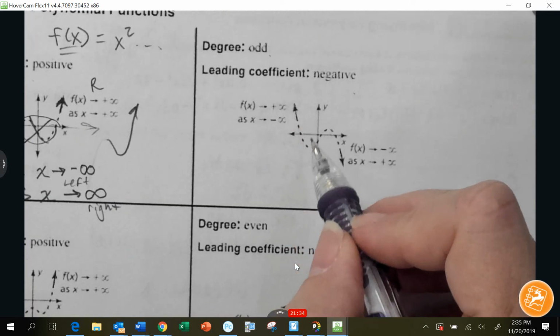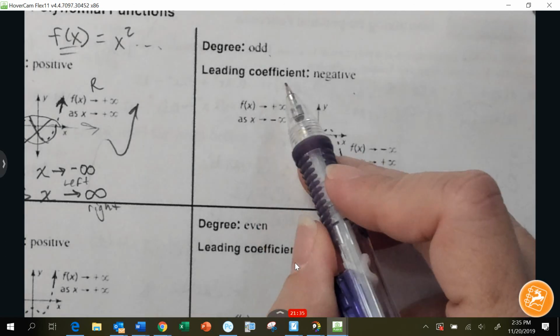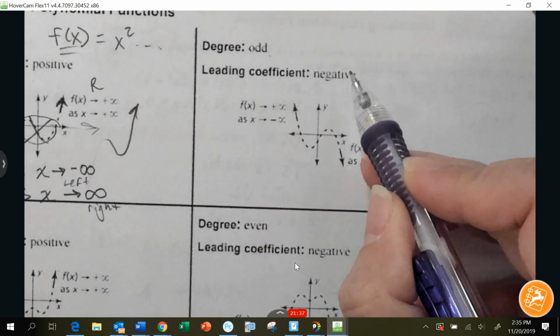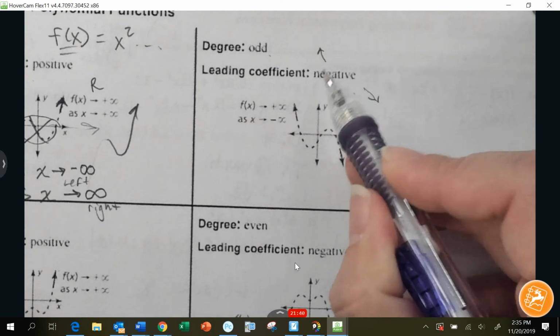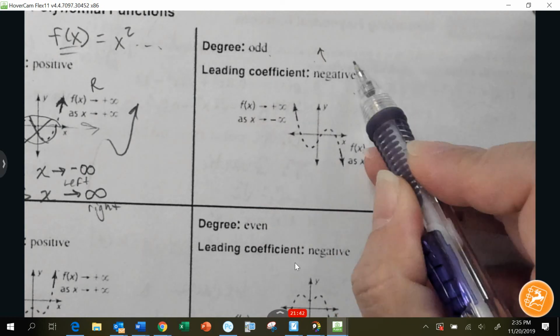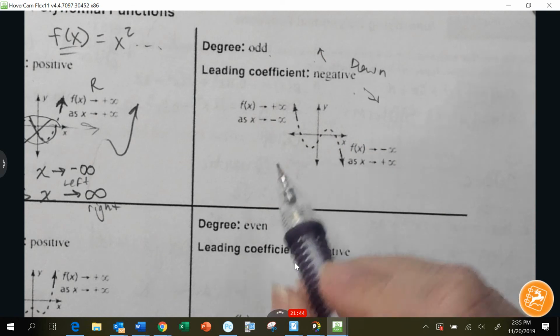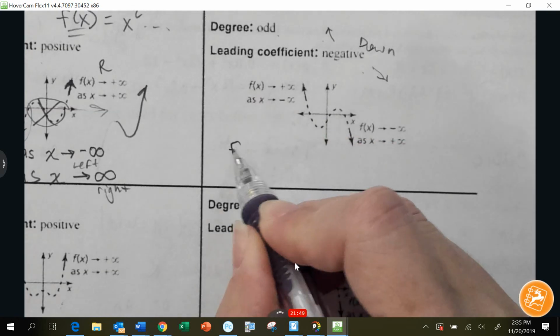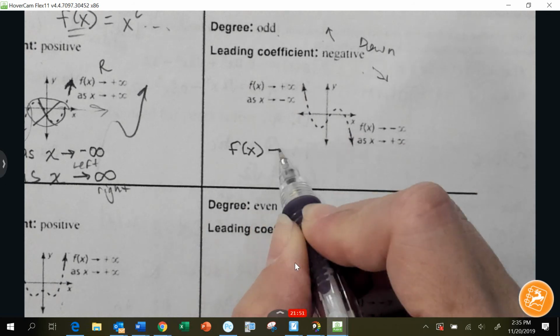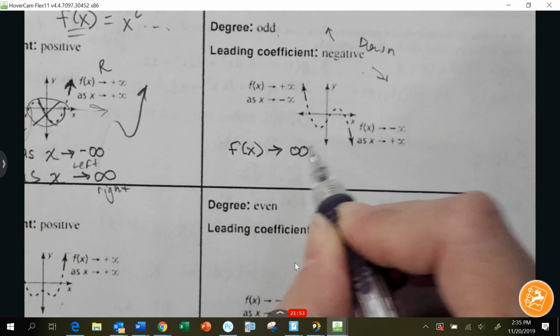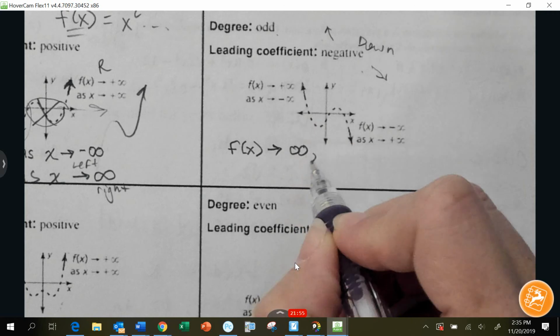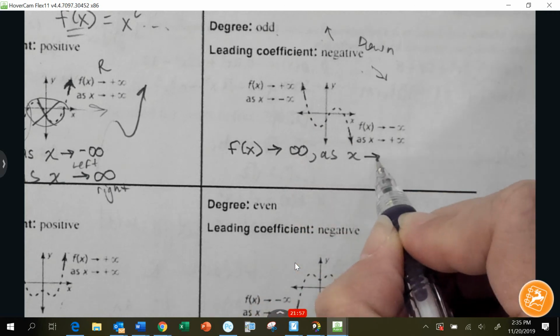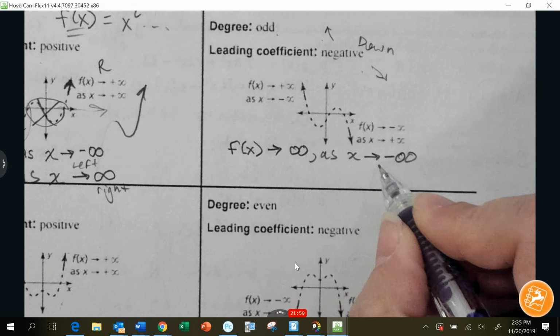Okay, so for this one, this is when it's odd and it's negative. So it's going downhill from left to right, going down because it's negative. So we would start with the left side, and this says that the y values, the f of x, approaches positive infinity because it's going up, as the x's approach negative infinity, which means left.